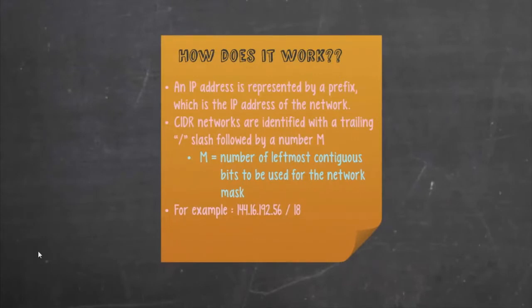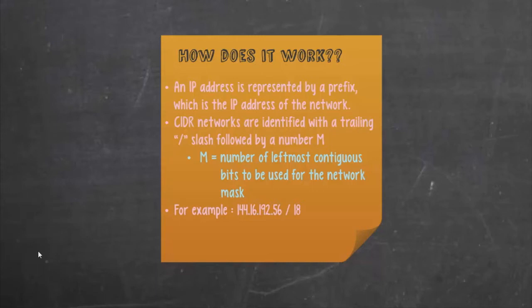Okay guys, now I'm going to explain how CIDR works. An IP address is represented by a prefix, which is the IP address of the network. CIDR networks are identified with a trailing slash followed by a number M. What is the number M?